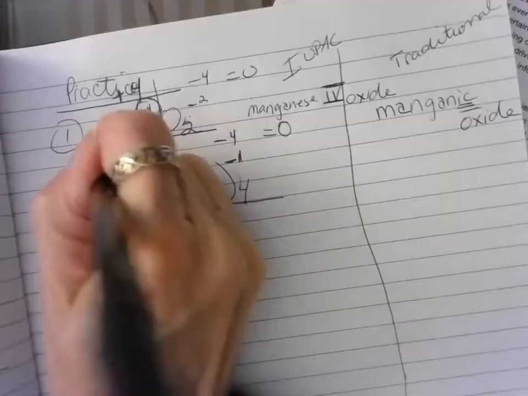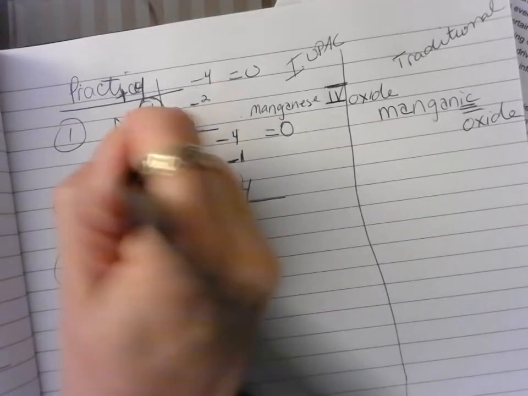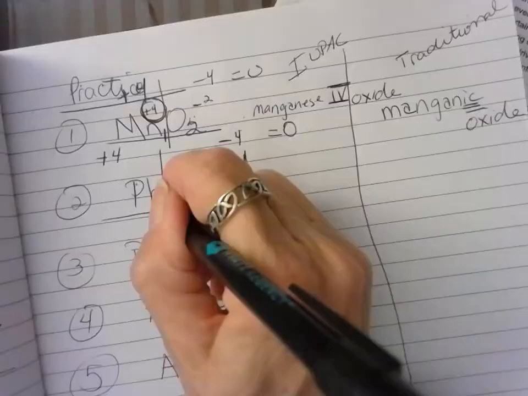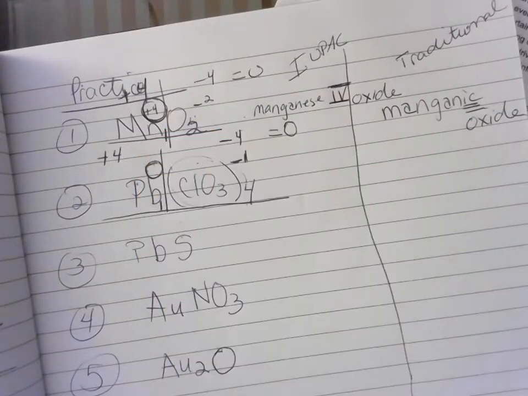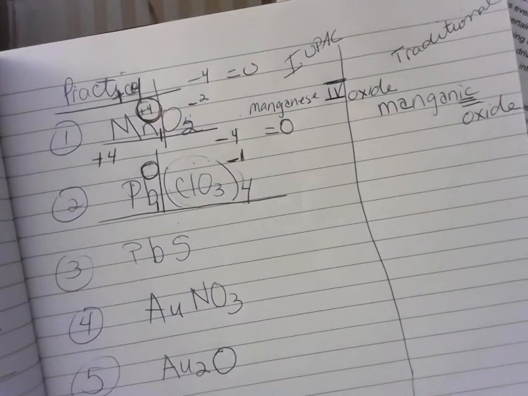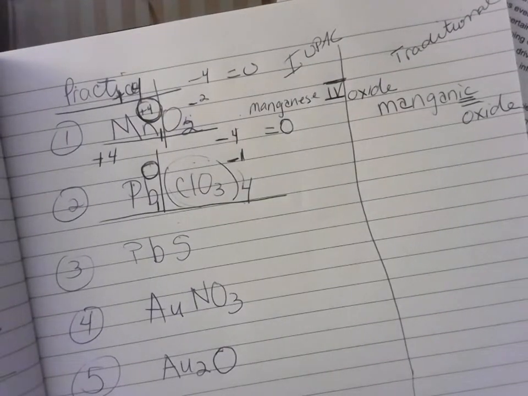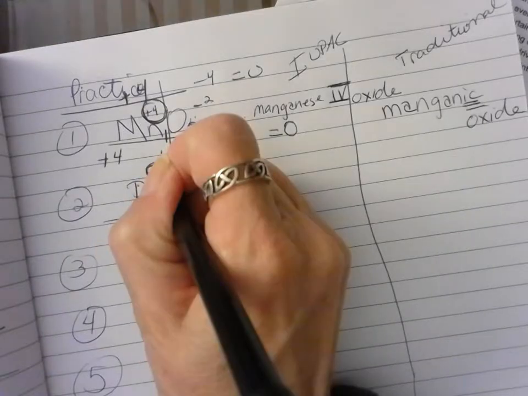We have one of these, so 1 times whatever this oxidation number is has to equal +4. So 1 times +4 will give us a +4.